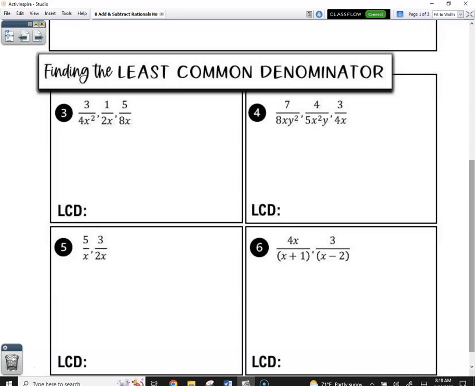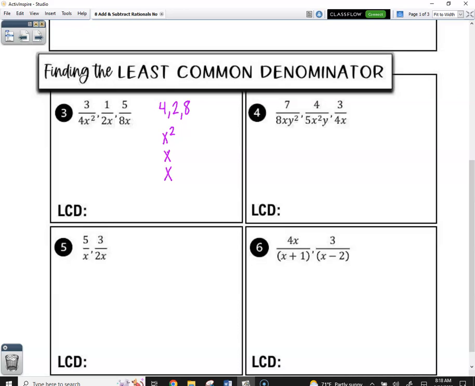Since these have no plus or minus signs, you can think of them as individual. You've got 4, you've got 2, you've got 8. Then you've also got x squared. Now here's where I stack them. And then you have x, and then you have x, right?